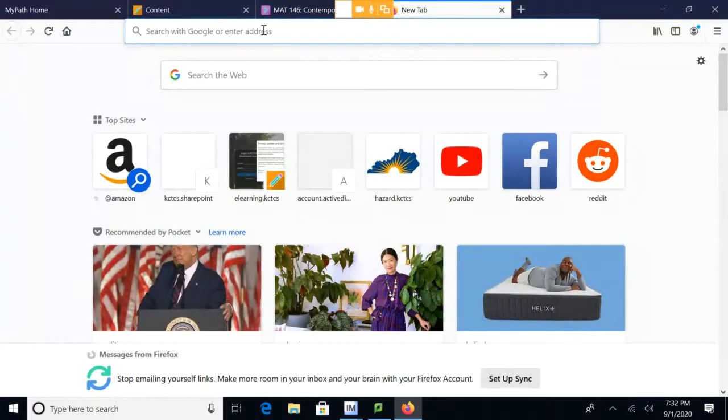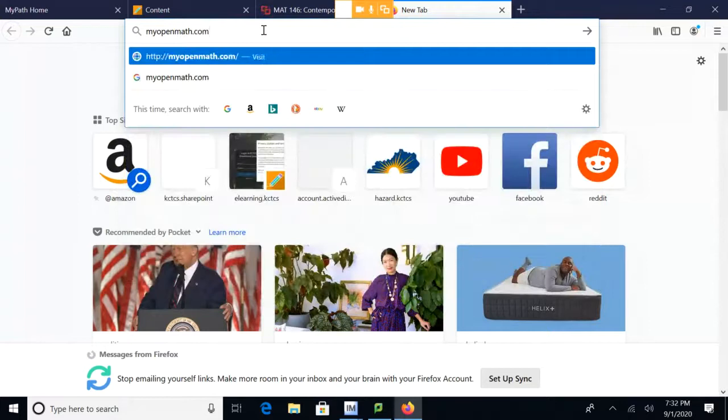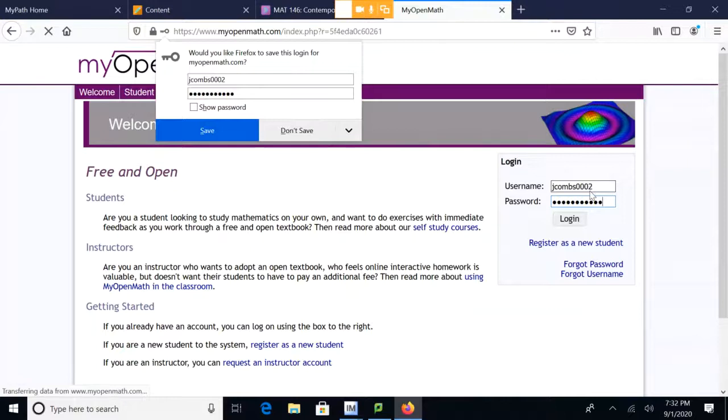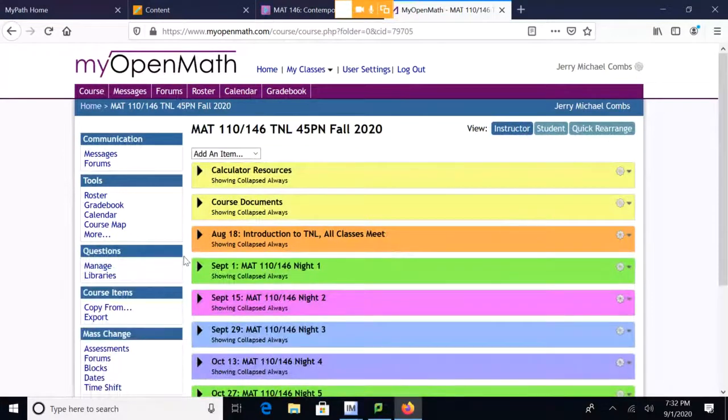Because there are two classes that are together, I put a lot of things in My Open Math, not in Blackboard, because there's two different Blackboard shells. So I'd have to put it all twice. So in My Open Math, okay, this is our class in My Open Math.